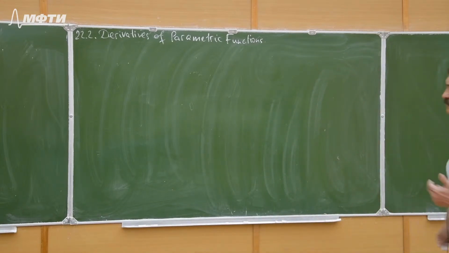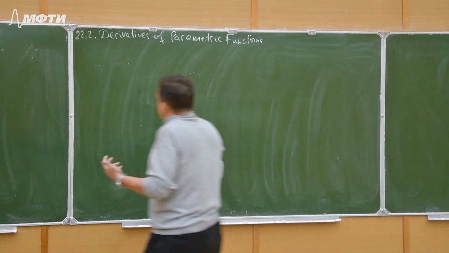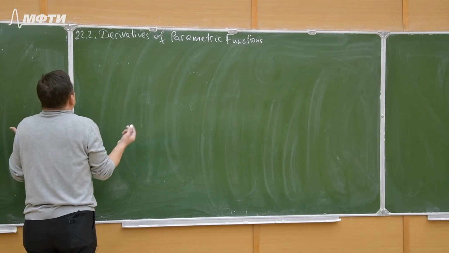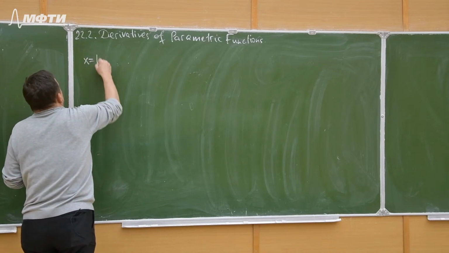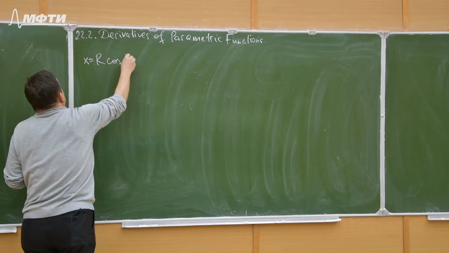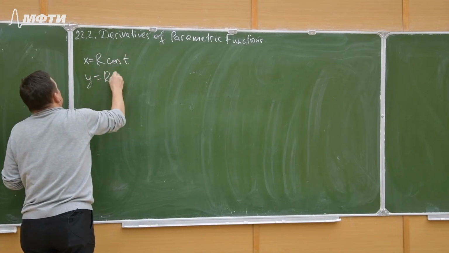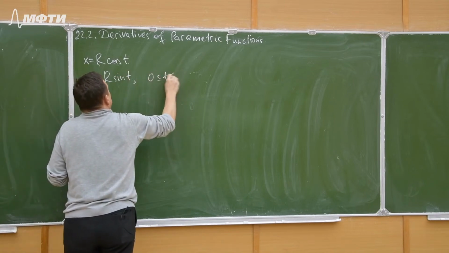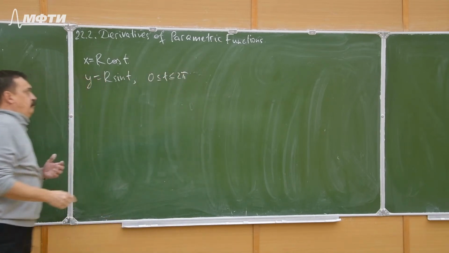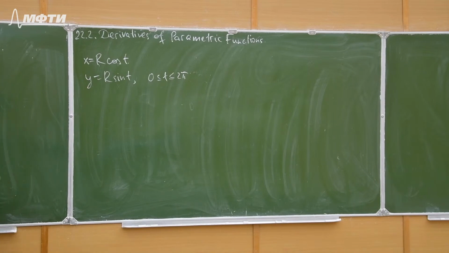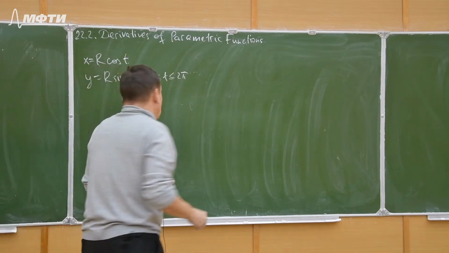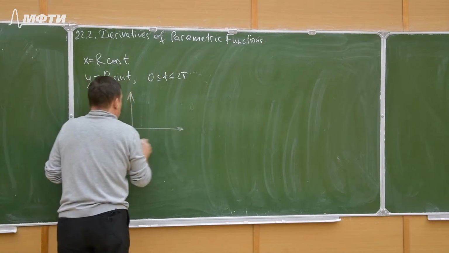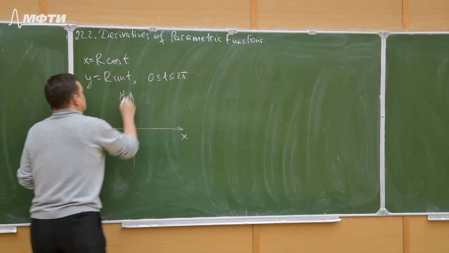Why? Because, for example, what are parametric functions? What is the most typical example? That is the most typical example of a parametric function, although this is not a function, rigorously speaking, because what is it?